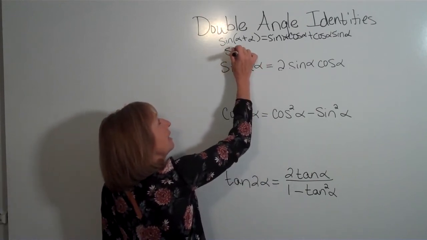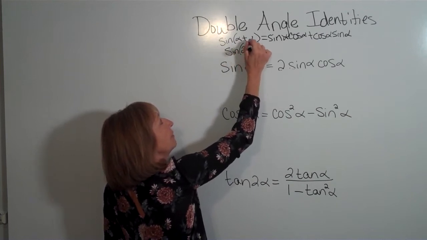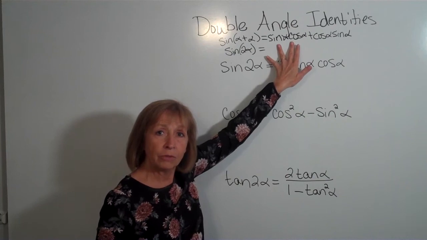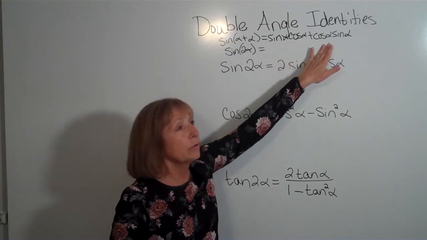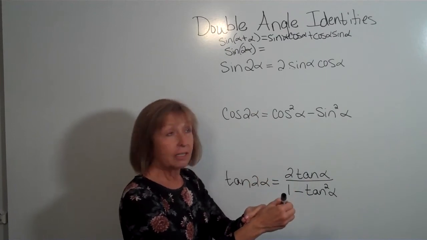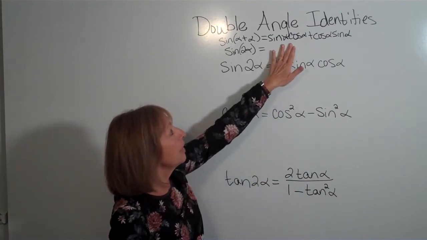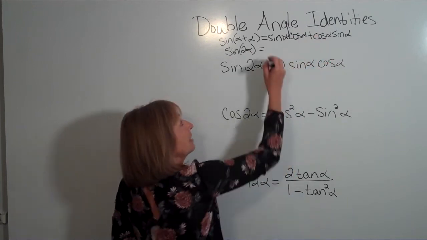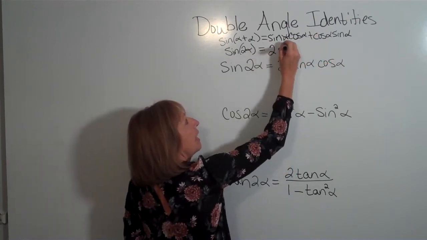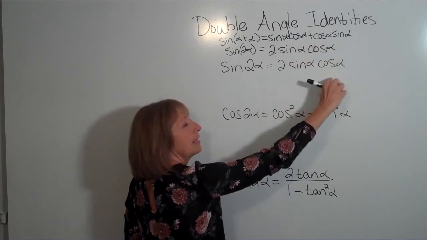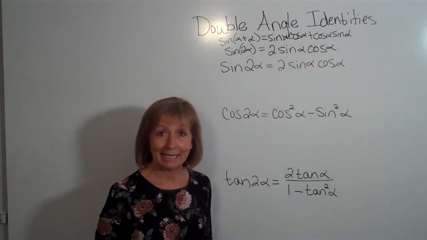So that's the sine of 2 times alpha is equal to, and over here I have the sine of alpha cosine of alpha plus the cosine of alpha sine of alpha. Well, multiplication is commutative. So I really have sine alpha cosine alpha in 2 different terms added together. So that's my 2 sine alpha cosine alpha that I originally wrote up as an identity.